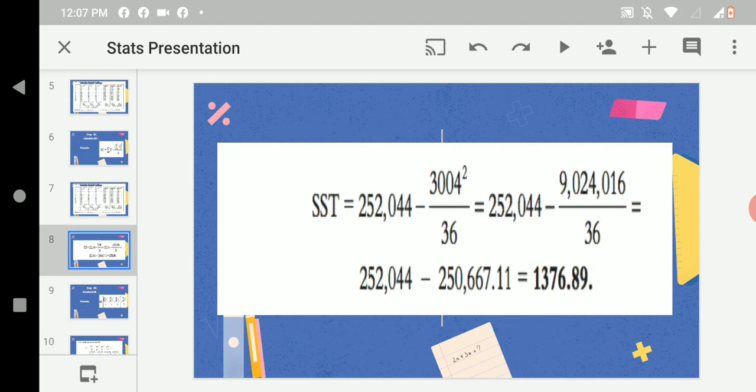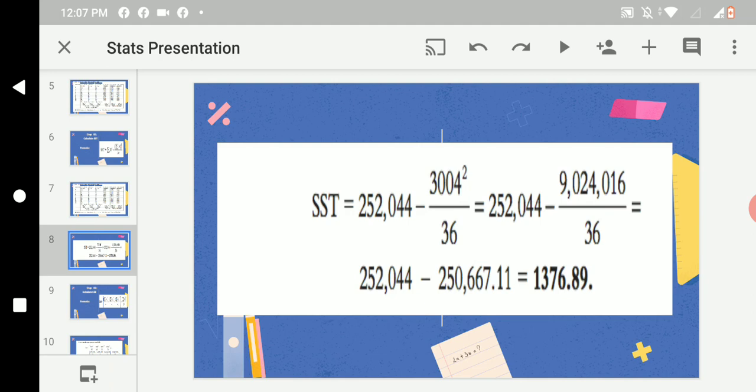We have to divide first before we minus, because we're following the PEMDAS. So we have the 252,044 minus 250,667.11. So we have to minus that. We will have 1376.89. So you take note that our SST is 1376.89.